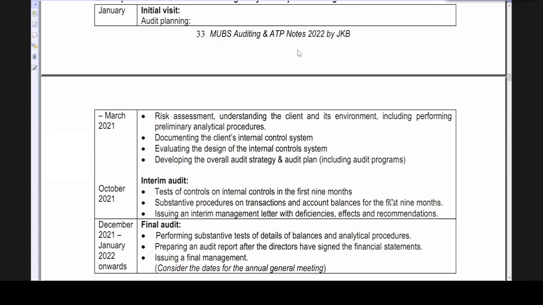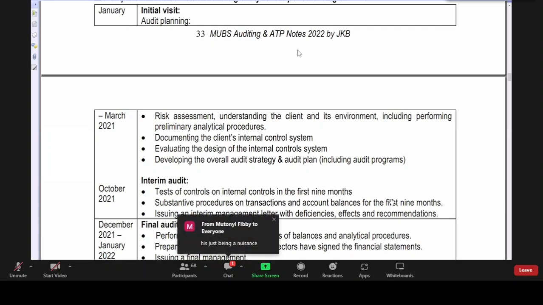Now you do the substantive procedures, for example, reperformance of bank reconciliation, looking at the records pertaining to the banks, okay? Are you getting me?